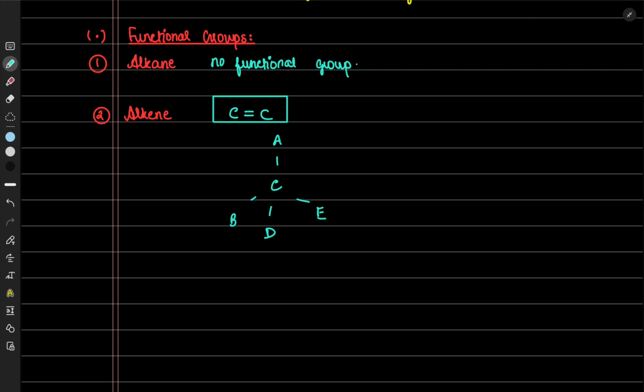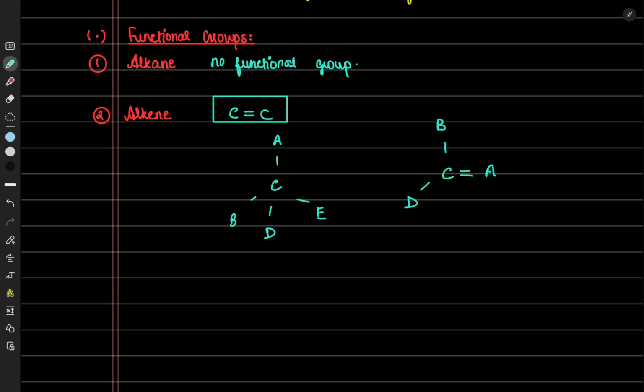But the point to notice here is that carbon makes four bonds to four different groups altogether, right? In comparison, I can give you something like this: carbon forms a double bond with A, a single bond with B, and a single bond with D, right? Now, these two cases are different.